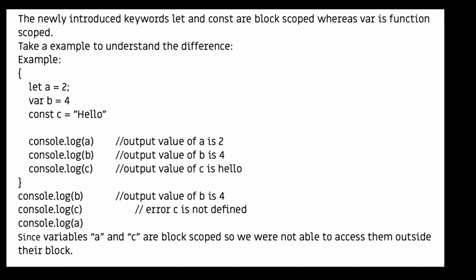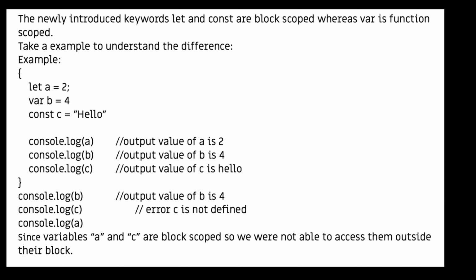So if you want to check these values after the block, means outside the block, if you check the value of b, it gives the value 4, and if you check the value of c, it throws an error because c is a const keyword. C used by const keyword, it can't be changed or we can't check this value outside the block.